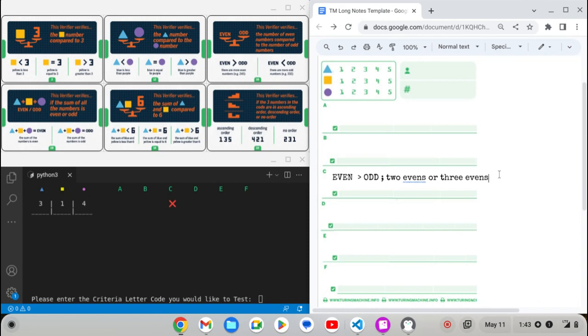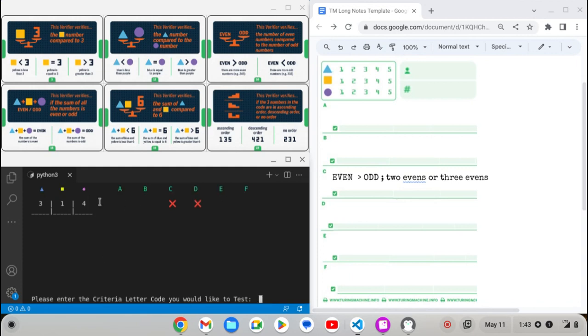We still don't have enough information about that. Okay, now what I like to do is test this new criteria D, because since I have 2 evens or 3 evens, that will help us distinguish that situation. So let's actually test D.